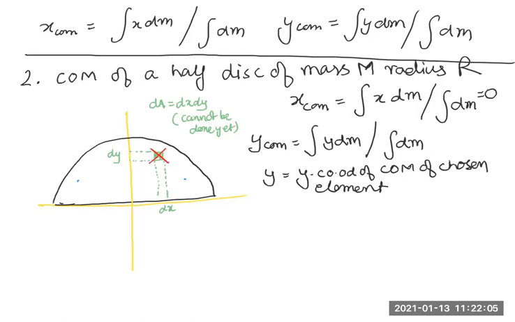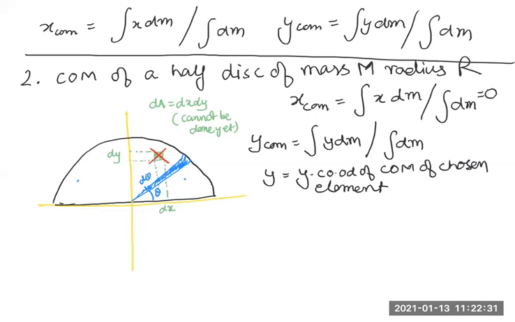Now, you may say that, look, let me choose something like this, theta, d theta. This is also not a viable choice because you do not know the y coordinate of this blue object.